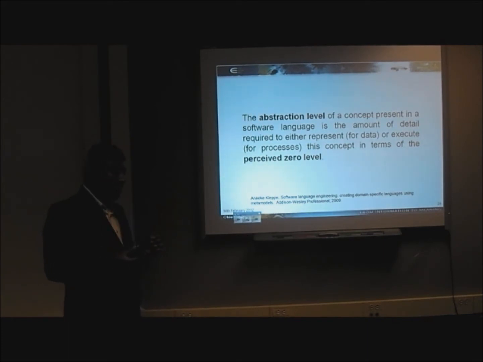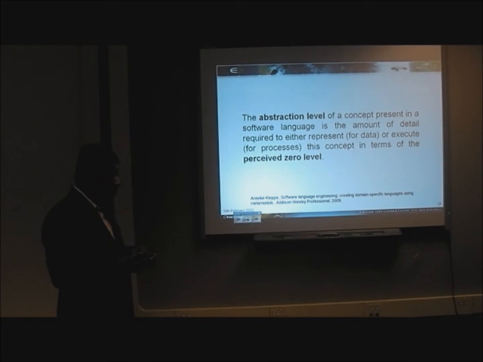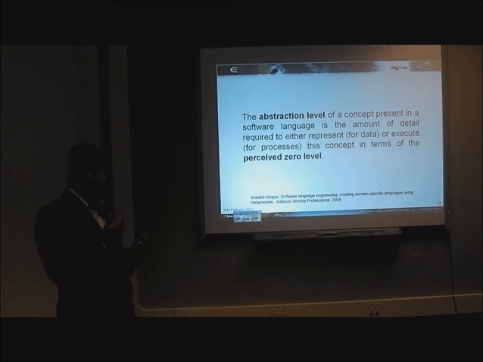What is an abstraction? An abstraction level presented as part of the software language is basically the amount of detail required either to represent or to execute a certain concept in terms of a perceived zero line. What do I mean by perceived zero line?